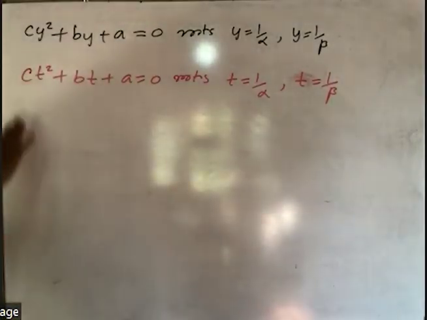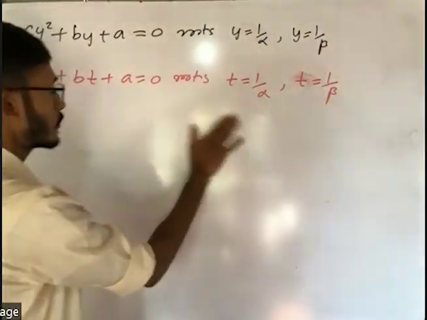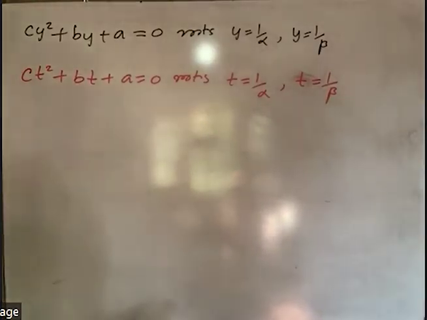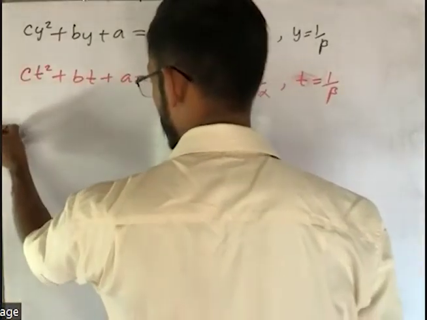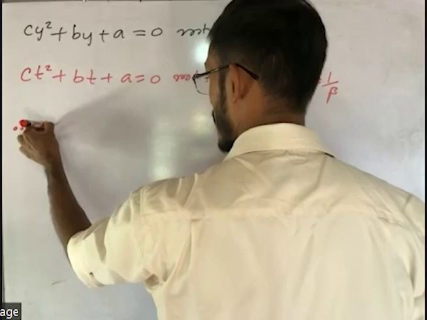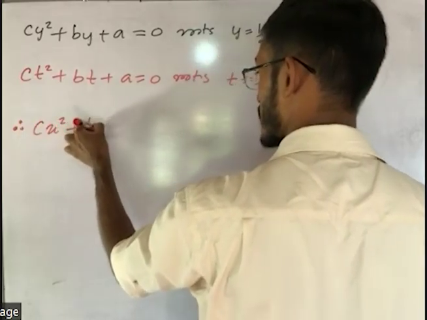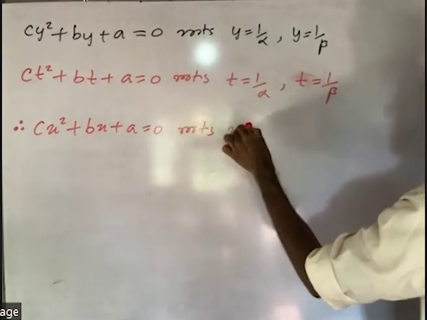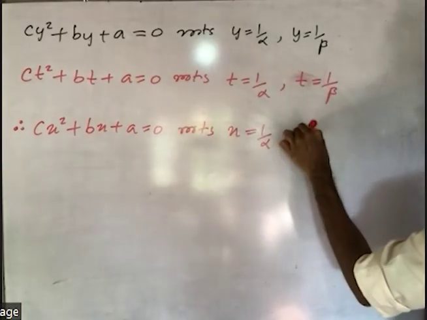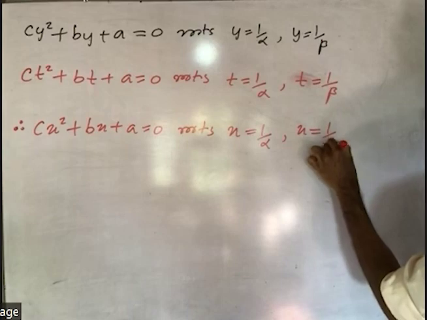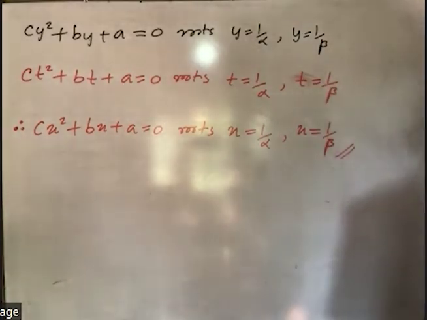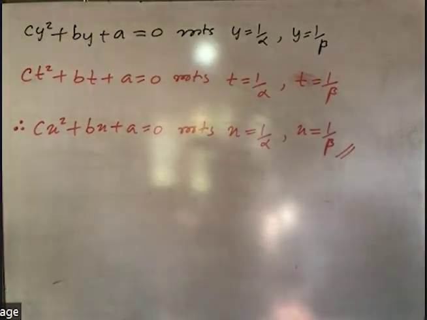Here we are not doing that. Here we are just changing the letter. That is two different things. So instead of t, we can write x: cx square plus bx plus a equals 0. The roots are x equals 1 over alpha, comma x equals 1 over beta. So this is the final answer.